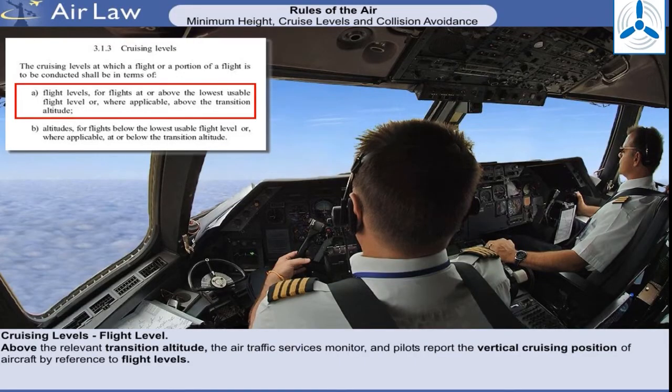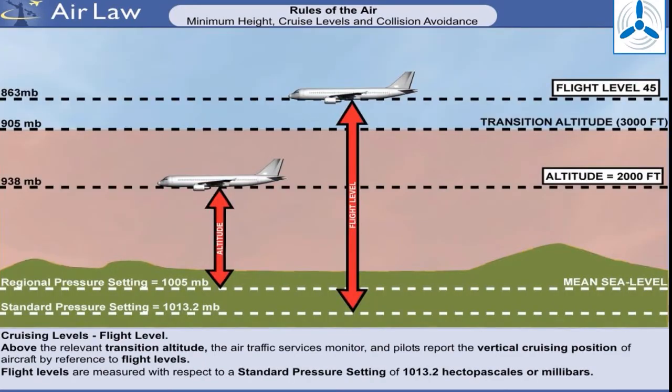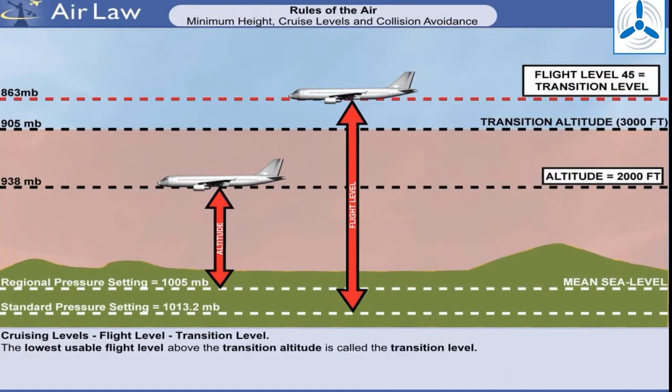Above the relevant transition altitude, the air traffic services monitor and pilots report the vertical cruising position of aircraft by reference to flight levels. Flight levels are measured with respect to a standard pressure setting of 1013.2 hectopascal or millibars. The lowest usable flight level above the transition altitude is called the transition level.